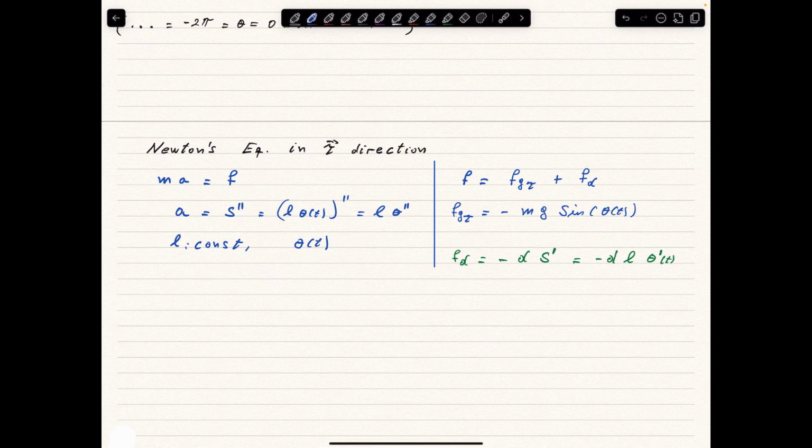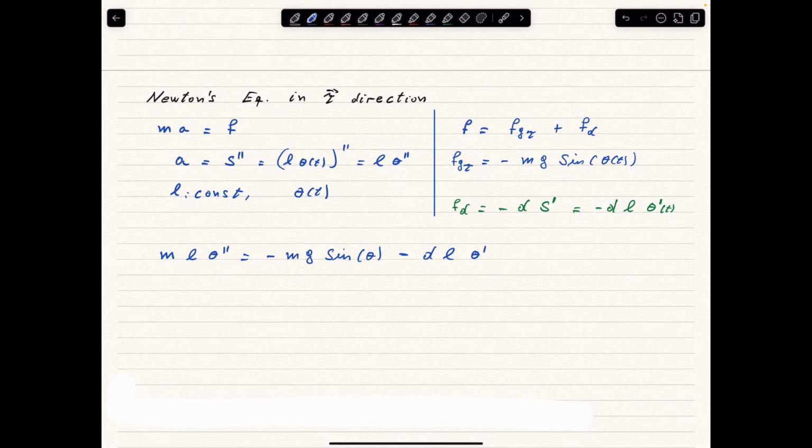If we put everything together, we have mass times acceleration. Recall the acceleration is L times theta double prime, equal to all the forces, but we have two forces: the force minus mg sine of theta, recall it is a function of time, minus d L theta prime.